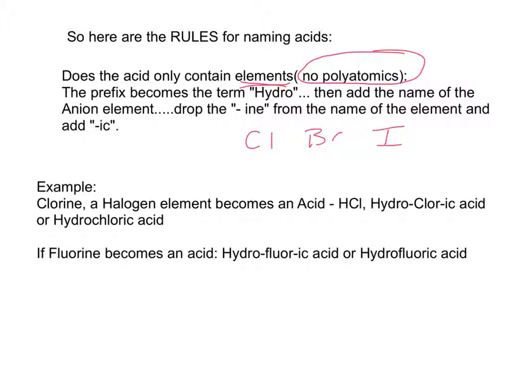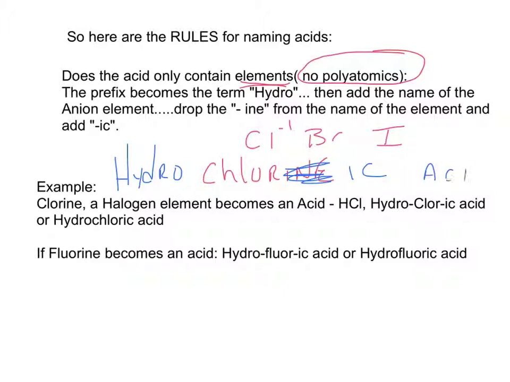You just heard me call this chlorine, and we know it has a -1 charge. Now to name this, we're going to get rid of this INE at the end, and we're going to add IC. And at the start of this, we're going to list our hydrogen. So we're going to call it hydro. So this is called hydrochloric acid.